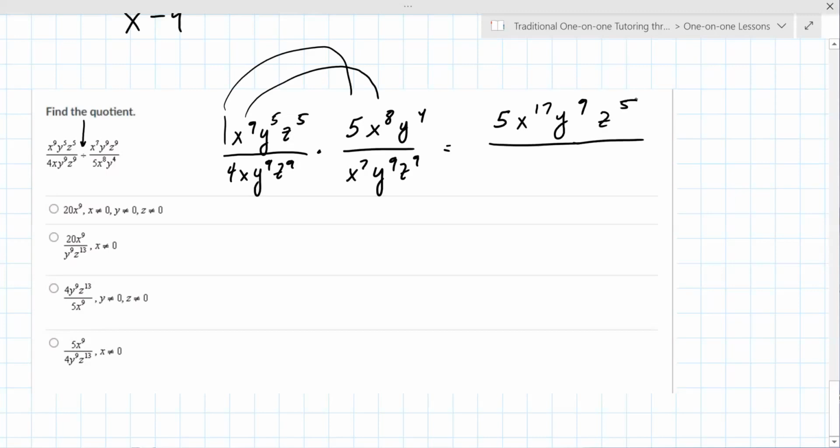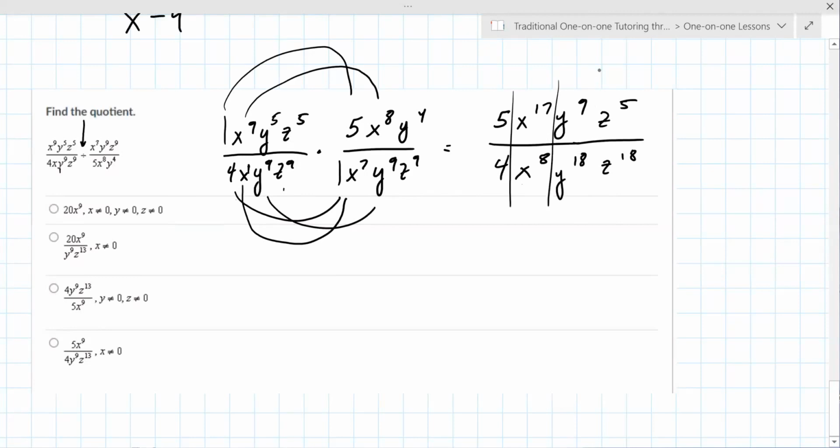The bottom, 4 times 1. That's 4. X to the 1, when it's not written, it's 1 times X to the 7th. That's X to the 8th. Then Y to the 9th times Y to the 9th. That's Y to the 18th. And then the last one here is Z to the 9th, Z to the 9th. That's Z to the 18th.